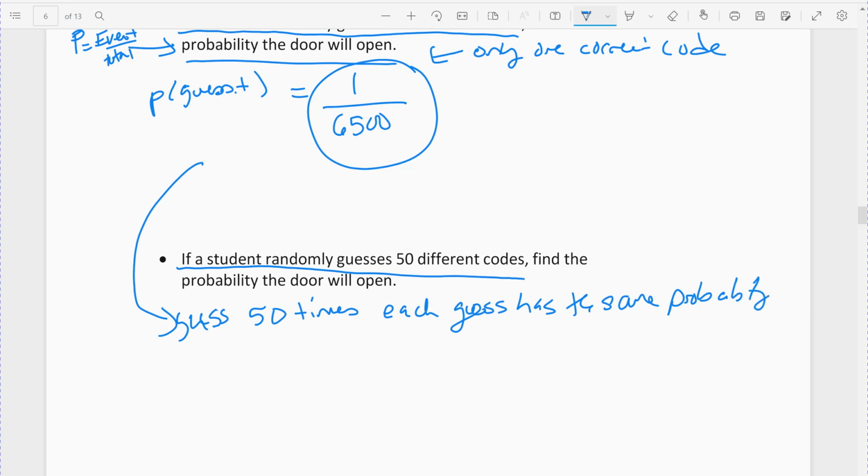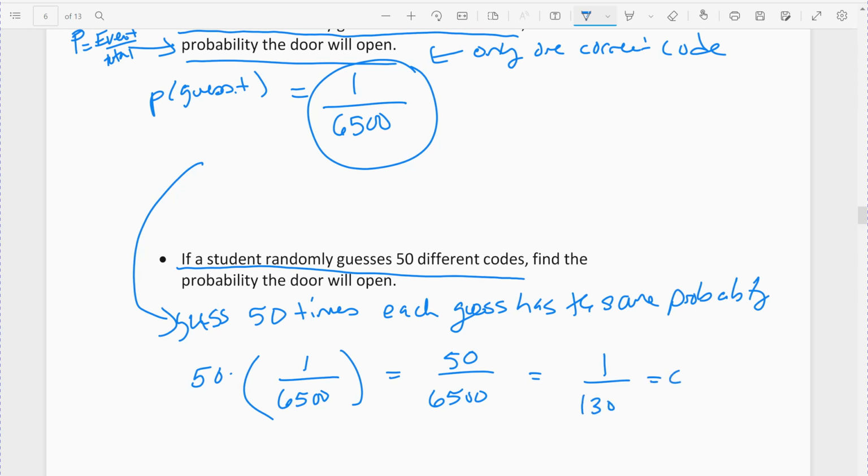Each time they make a guess, it's a 1 out of 6,500 shot. So it's 50 of those: 50 times 1 over 6,500, or 50 over 6,500. This is the chance it's going to succeed on each try, and this is how many times you try. It comes out to be 1 out of 130, or 0.0077. Very slim chance, less than a 1% shot.